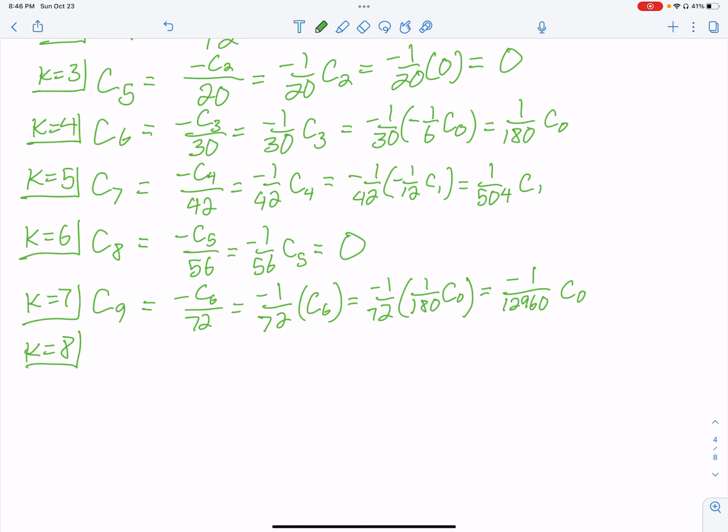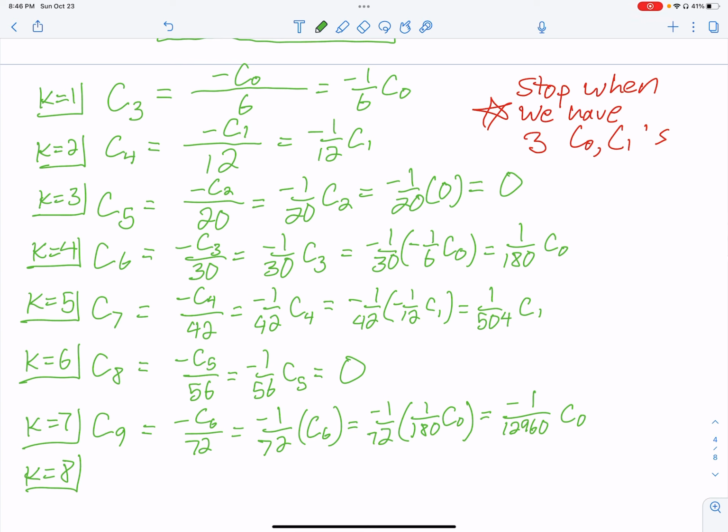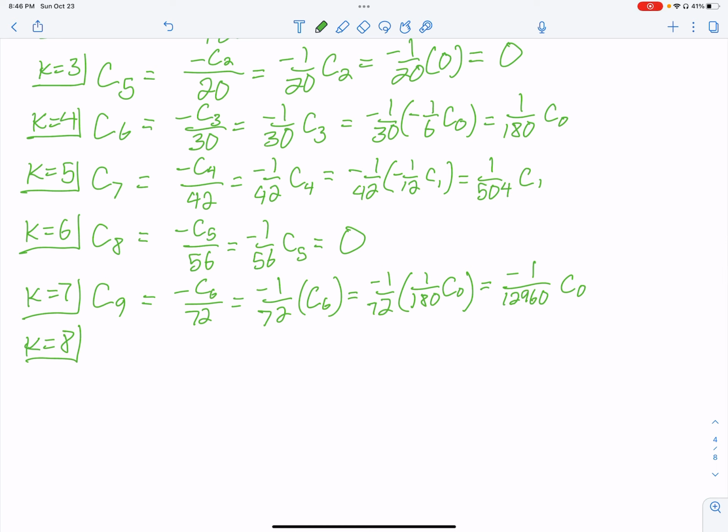Okay, so I'm almost done. I have 1, 2, 3 c_0s, and then I have 1, 2, and I need one more c_1. So we're almost there. This will probably give us our c_1 if we look at the pattern. This is c_10, which equals negative c_7 over 90.